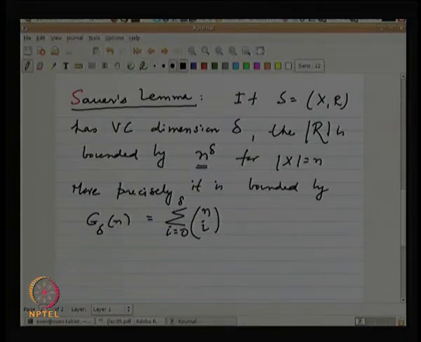So, all possible ways of choosing delta or fewer objects from n objects.